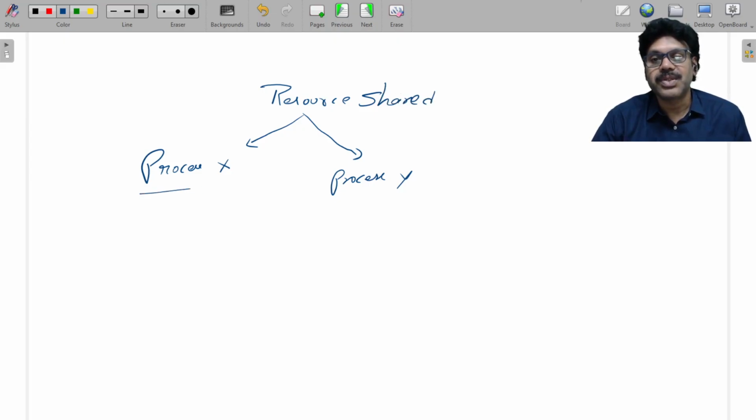It is given to process X as well as to process Y. Then there is no waiting, which would otherwise lead to indefinite starvation among two or multiple processes.